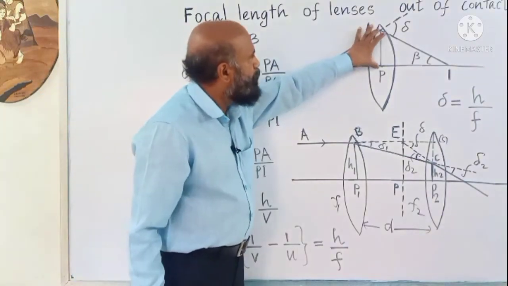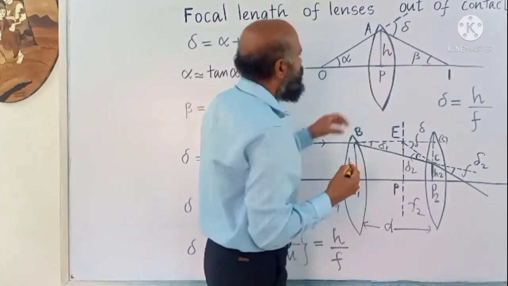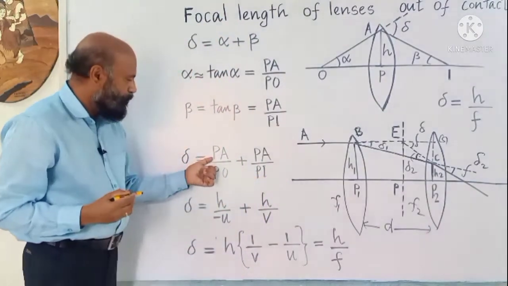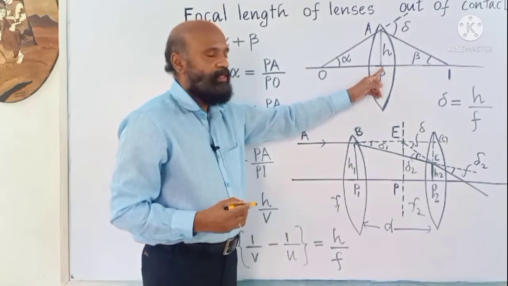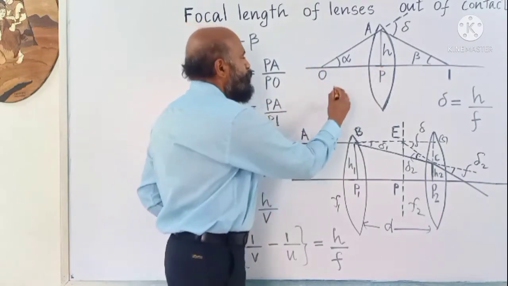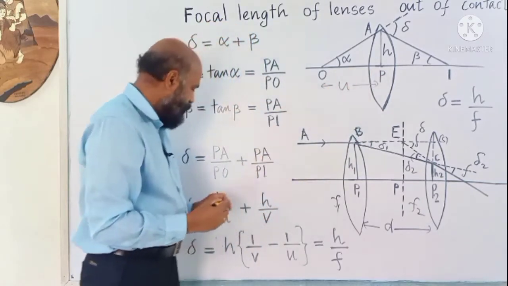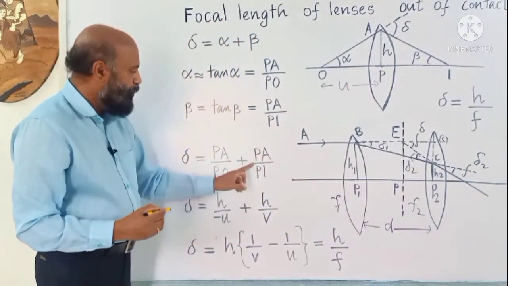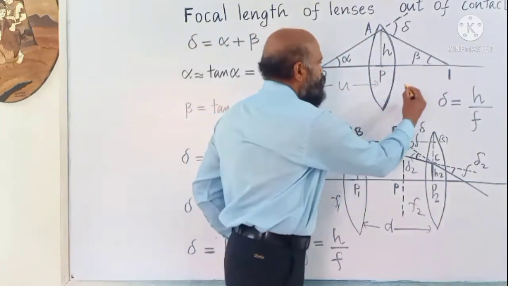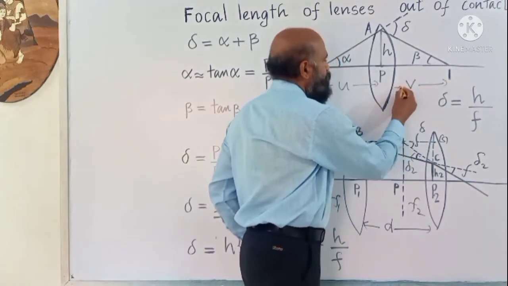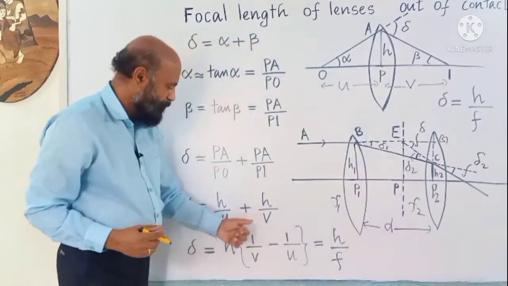Let this PA be height h. PO, from the optic center to the object, is U. Since it is measured towards the left, it is minus U. Plus PA again h over the image distance PI, this is V. Since it is measured to the right, it is positive.